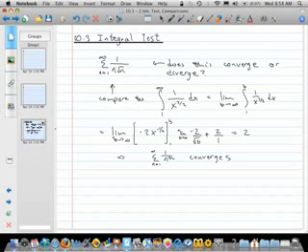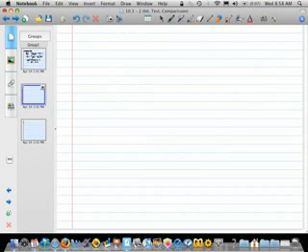All right, so the second one, let me move this page up. The second one is going to be this one. So I'll write out the series.